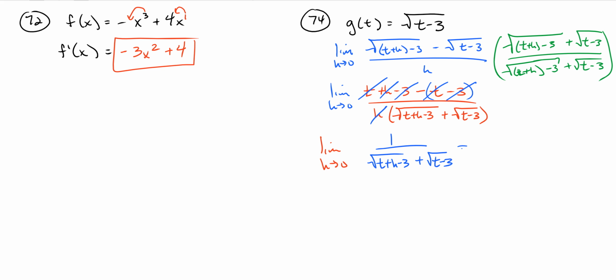Evaluate this as h goes to 0. So 1 over the square root of t minus 3 plus the square root of t minus 3. So my derivative, this time it's g prime of t, is equal to 1 over 2 times the square root of t minus 3.